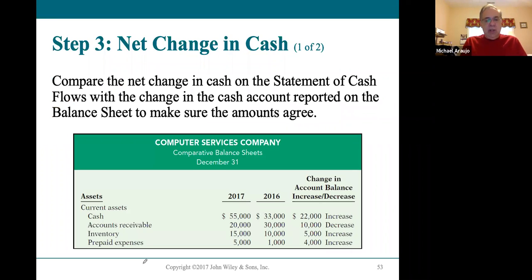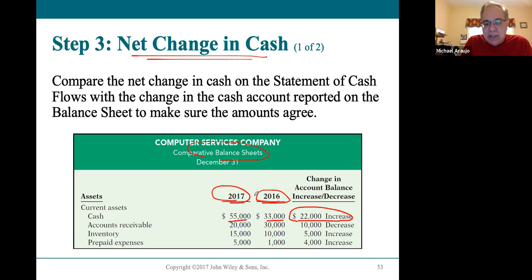All right. So the net change in cash, which is what we looked at, the $22,000 increase, will show on the balance sheet. So you see in 2016, they had the $33,000 of cash. In 2017, they ended with $55,000 in cash, a $22,000 increase from 16 to 17.